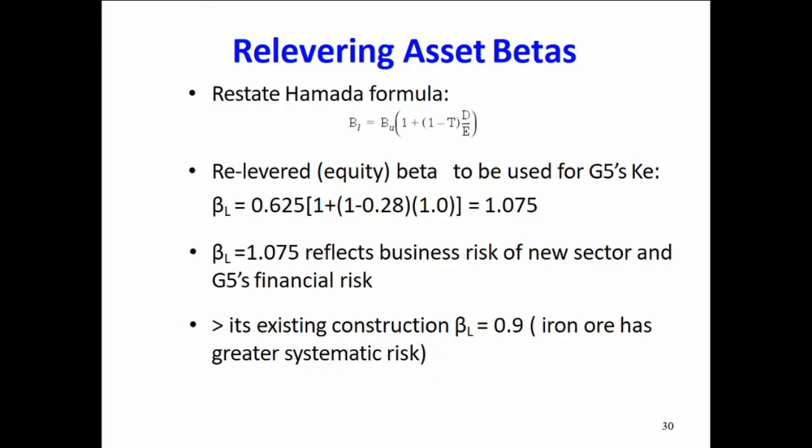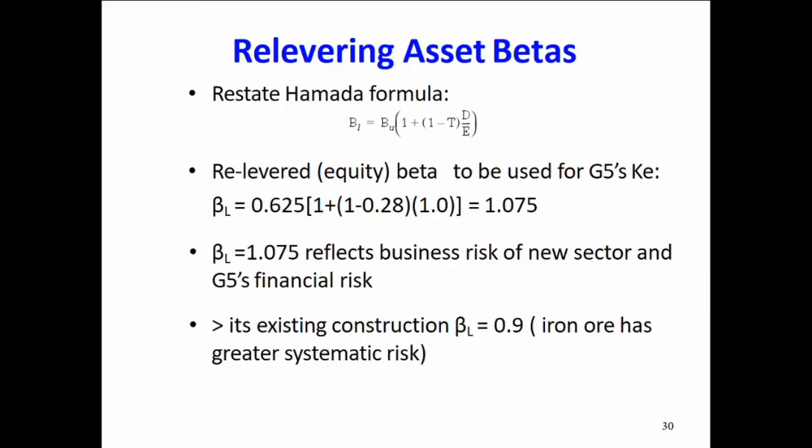We are going to take the asset beta which we previously calculated of 0.625 and we are going to relever it to take into account the financial risk as reflected by the debt equity ratio of G5. And this is going to give us a relevered equity beta of 1.075.